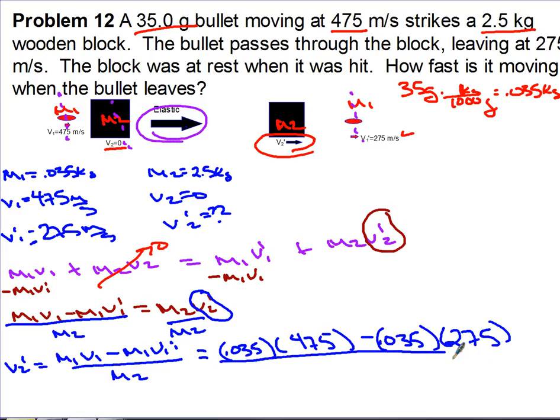Divide this by M2, which is 2.5. Now let me show these algebra steps. 0.035 times 475 is 16.625.